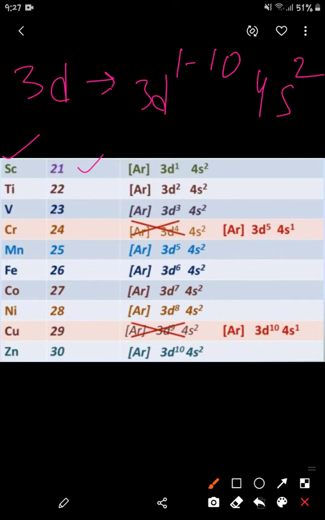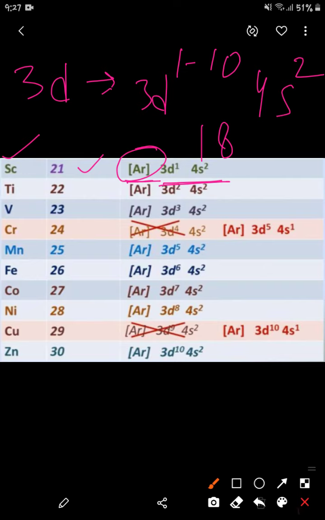If you write its electronic configuration according to the Aufbau principle, we start with 1s2, 2s2, as you know, up to the configuration of argon, whose atomic number is 18. We can write argon in square brackets, and then the remaining electrons are filled as 3d1 and 4s2.